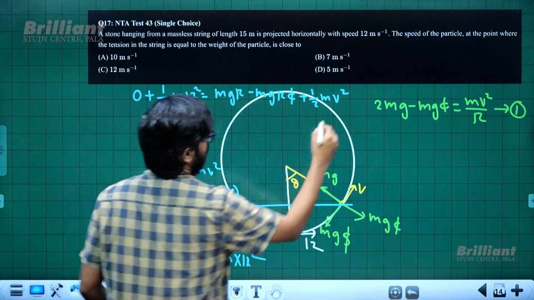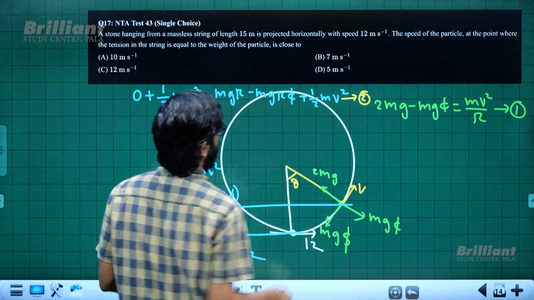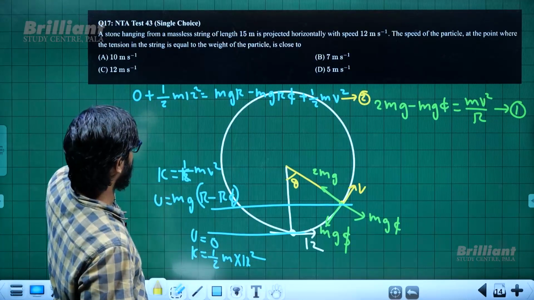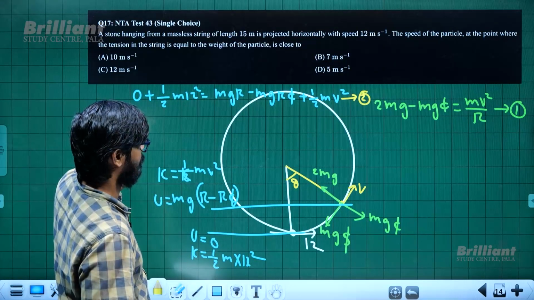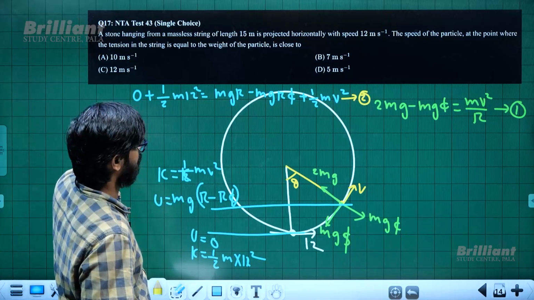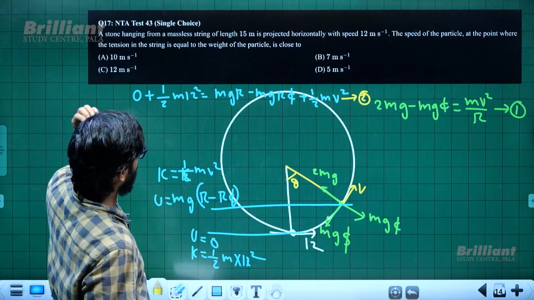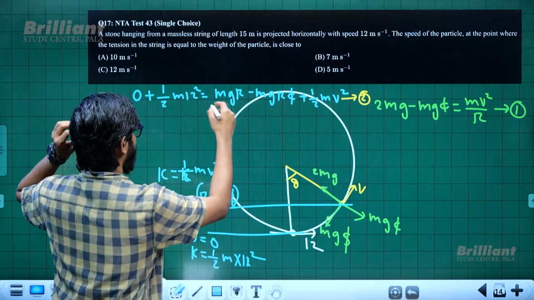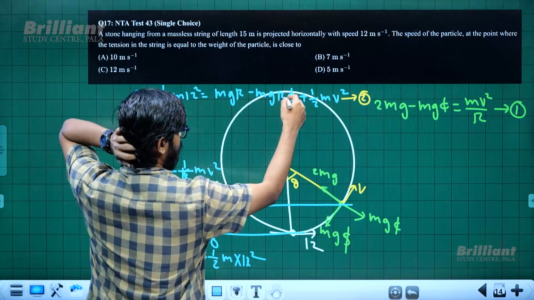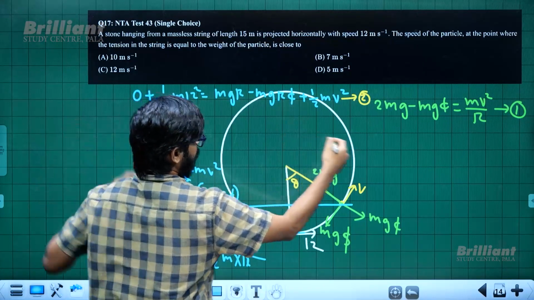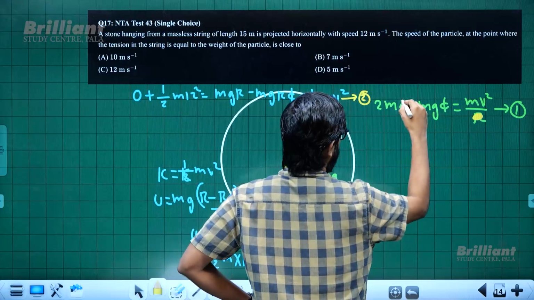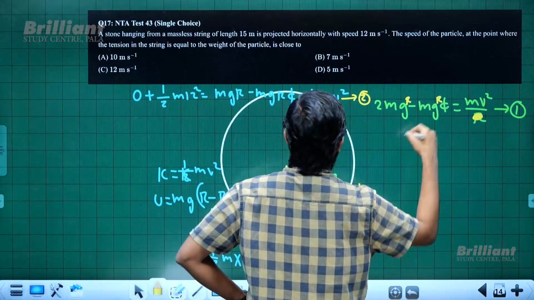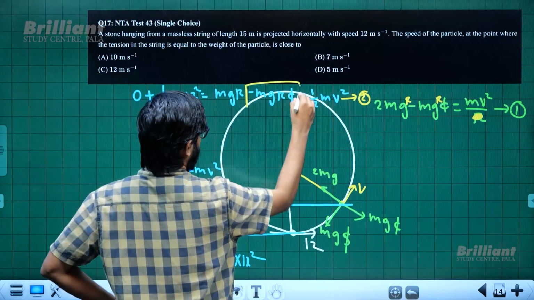So this is mechanical energy conservation. What we need to find is the speed, so we can eliminate the cos theta thing. Let us find mg cos theta from here, or let me multiply with r here. I will be getting 2 mgr minus mgr cos theta. What is mgr cos theta from here?